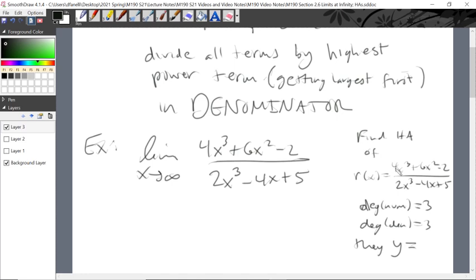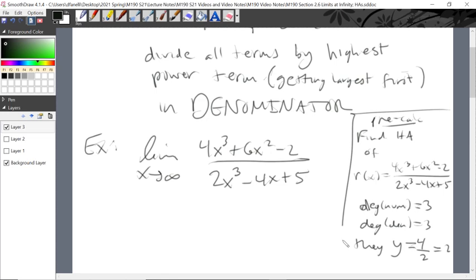The most powerful term of the numerator has coefficient 4, and the most powerful term of the denominator has a coefficient of 2. So we get 4 over 2, which is equal to 2. Then we would know to graph this, we would have a horizontal asymptote at y equals 2. This is the pre-calc way to do it.